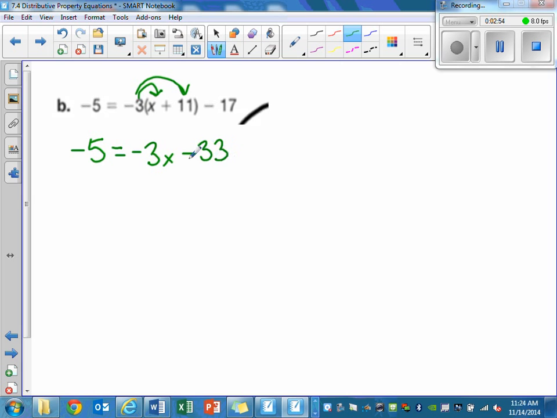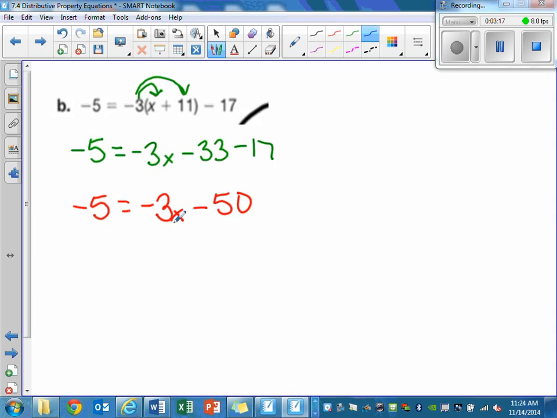So make sure you write that as subtraction. And then I still have my minus 17. Now I'm going to combine my like terms on the right side. So negative 5 equals negative 3x, and then negative 33 minus 17, that's negative 50 or minus 50.